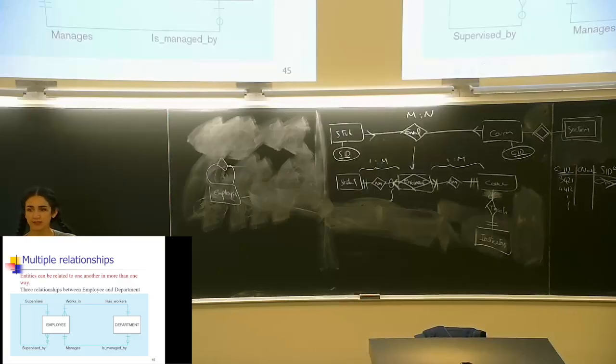You can supervise 0 or more employees depending on your role in, for example, a department. So each employee can supervise 0 or more employees, and that's why you see this sign here. And each employee is supervised by one and only one employee. So each employee should have a supervisor and should only have one supervisor. This is the meaning of this example here.